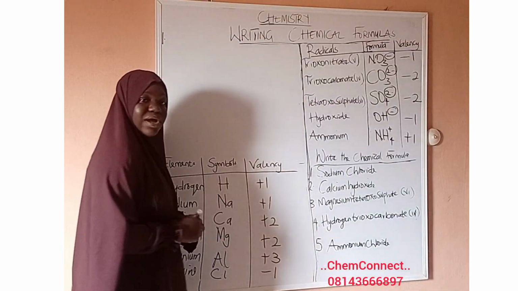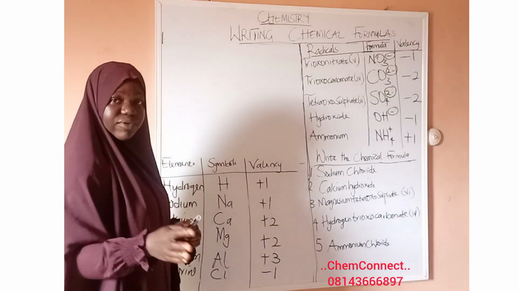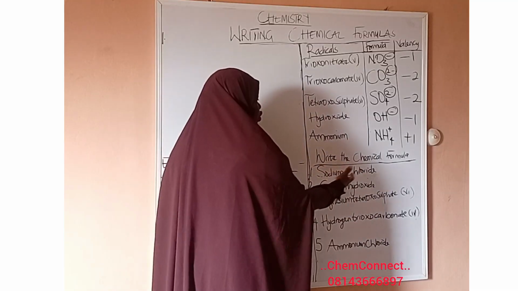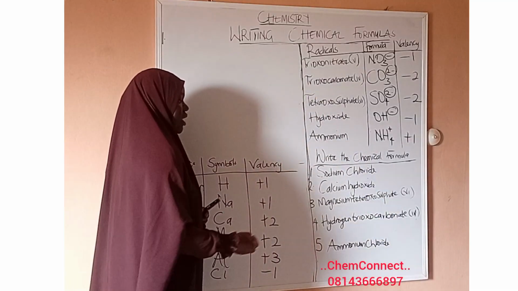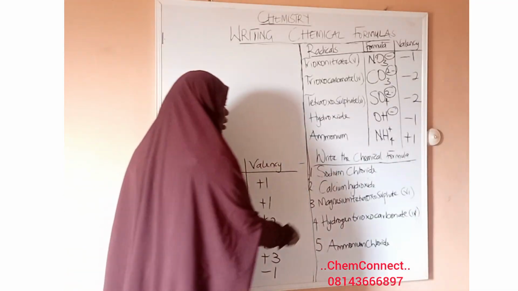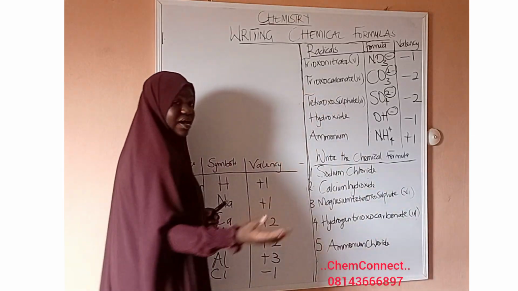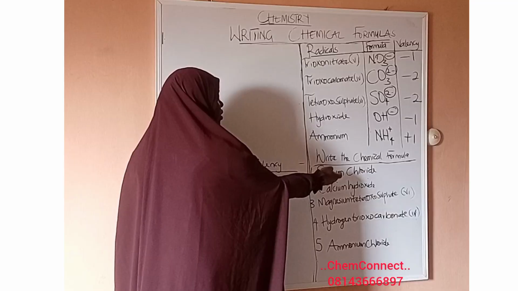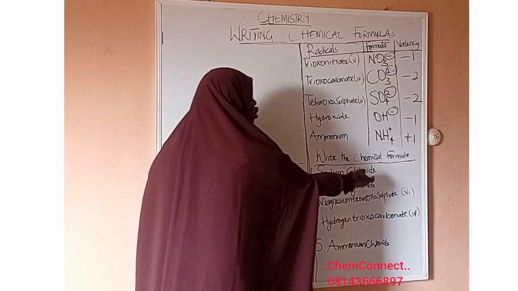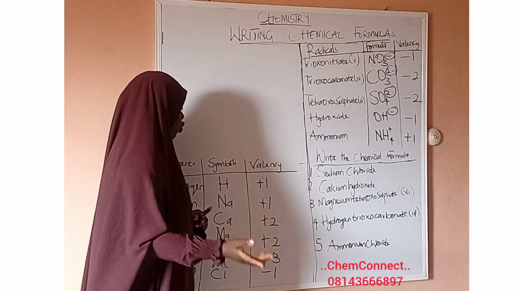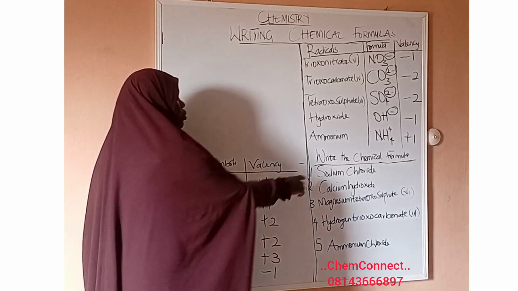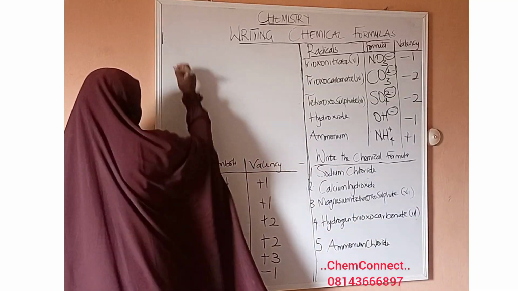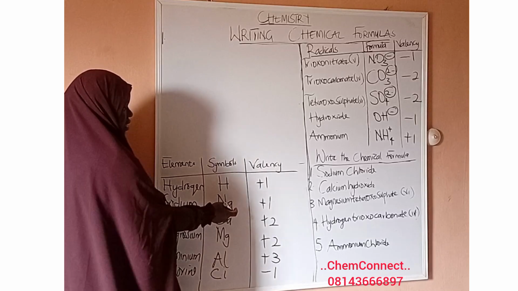Now the first thing while writing the chemical formula of the compound is you look at the name, sodium chloride. From the name, you'll be able to get the symbol of the elements or radicals involved. Here we have sodium chloride. Looking at it, this sodium is an element, chloride is from an element, chlorine. So the first step is write the symbol of the elements you are given, sodium. The symbol of sodium is Na.